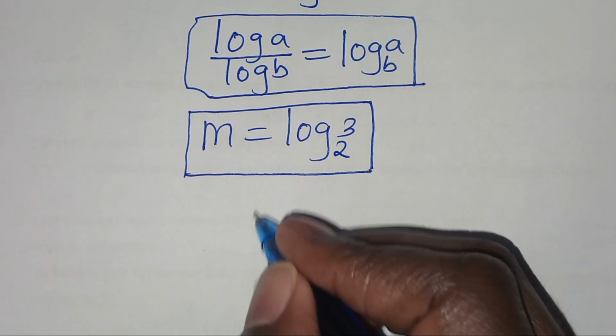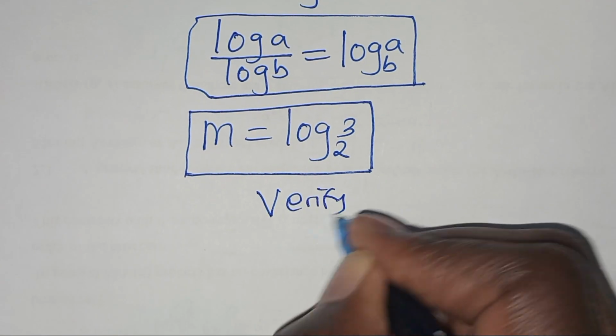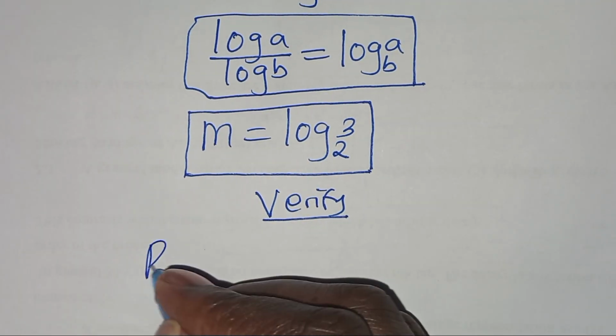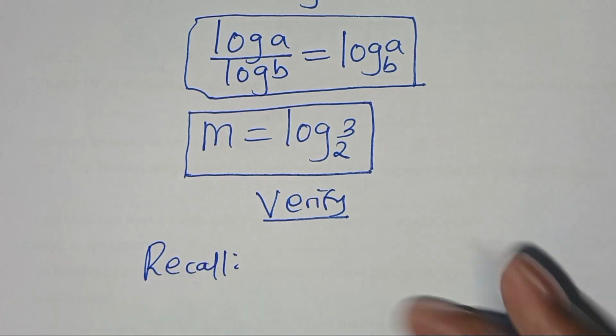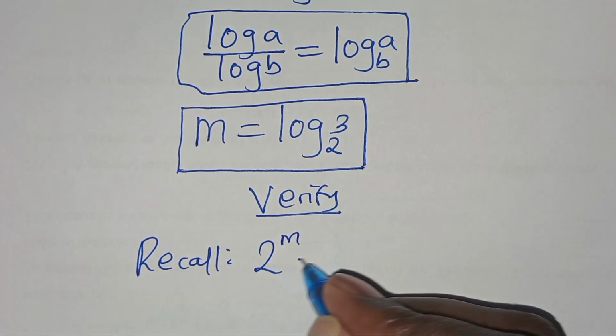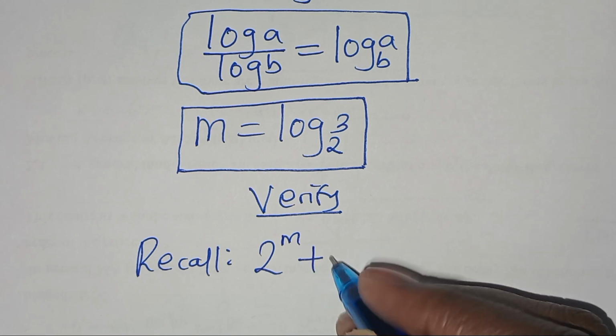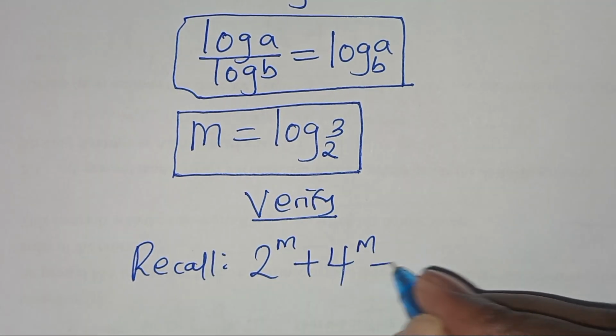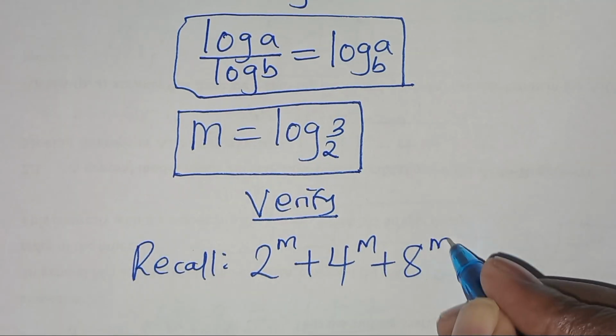So let's verify that this value of m actually satisfies the equation. Now if you recall here, we ended at 2 to power m plus 4 to power m plus 8 to power m.